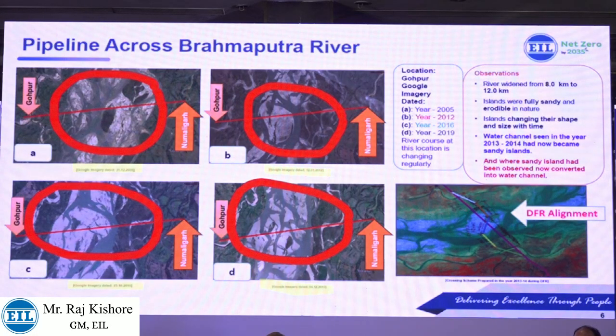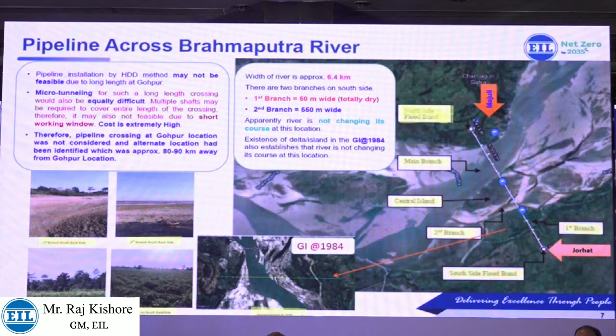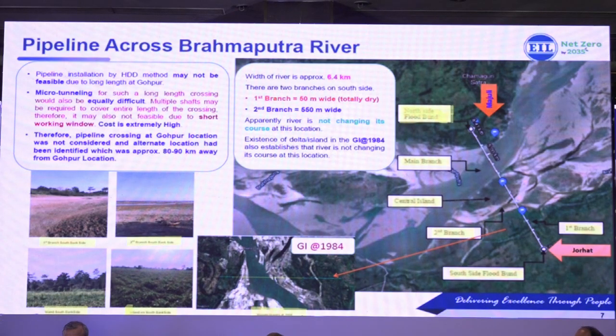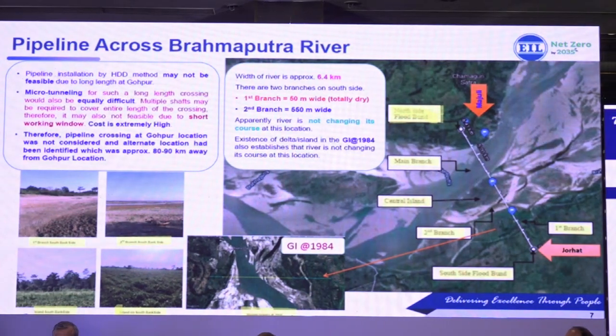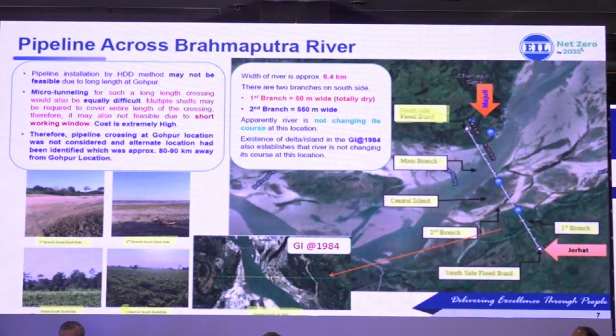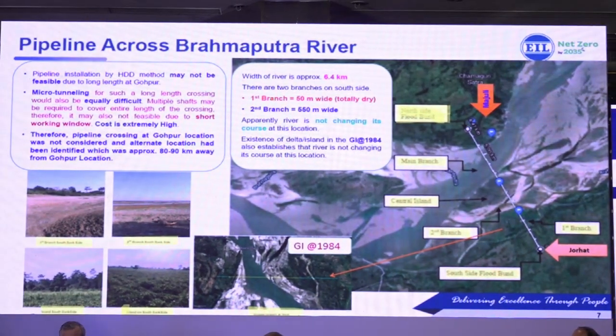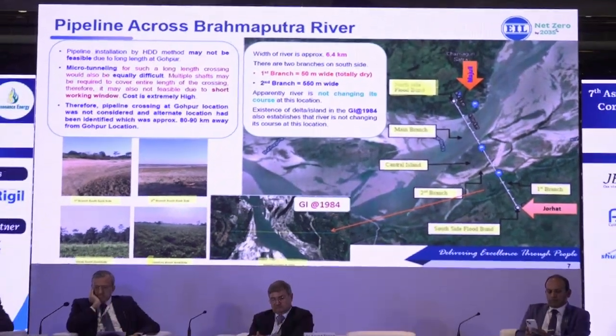Then we did a survey along the pipeline by boat, with a team of NRL, EIL and the survey agency. We traveled the full day inside the river by motor boat from Majuli to Gohapur. We found a location at Majuli where the river is only 6 kilometers wide.